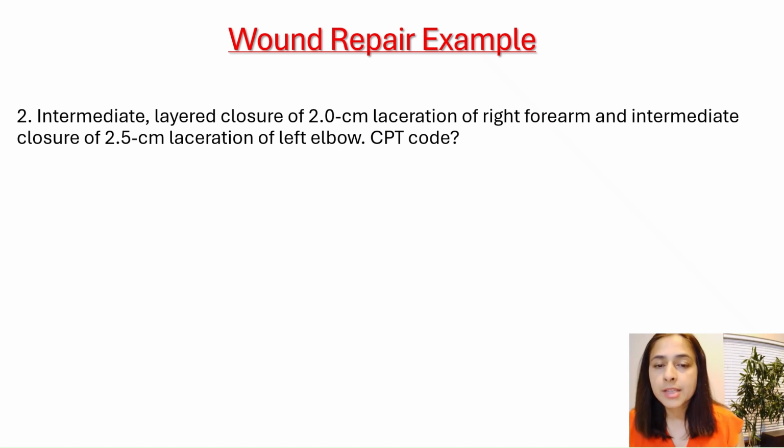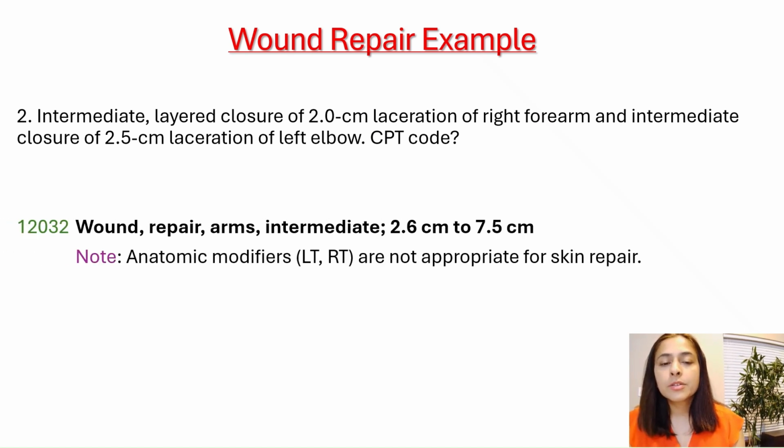Another wound repair example is intermediate layered closure of a 2 centimeter laceration of the right forearm and the intermediate closure of a 2.5 centimeter laceration of the left elbow. CPT code. So there will be one CPT code. It's 12032, wound repair arms intermediate 2.6 centimeter to 7.5 centimeter, because both are intermediate closure, we can add.